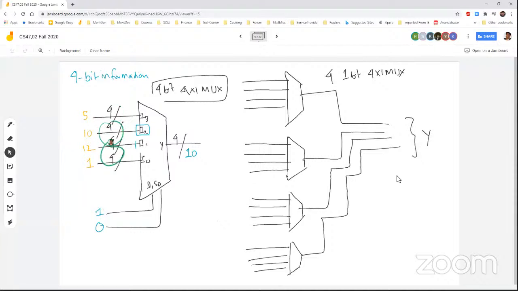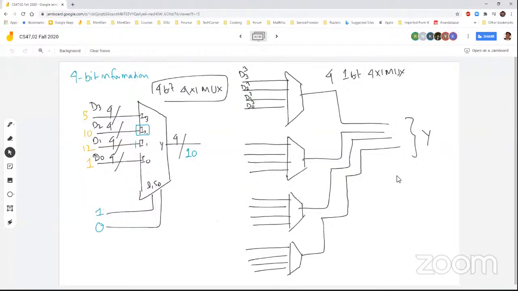Let's mark them as D3, data 3, data 2, data 1, data 0. So this one is D3 bit 3, this is D2 bit 3, this is D1 bit 3, this is D0 bit 3.